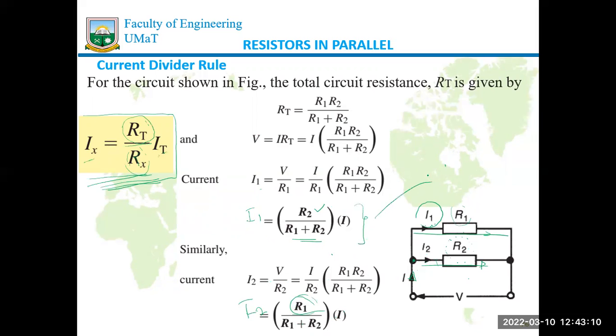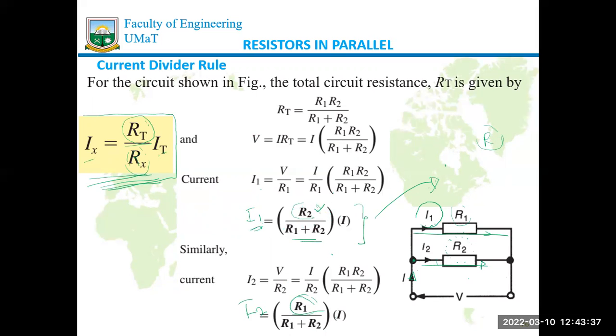In the case of a voltage, the numerator was the resistor that we are looking at the voltage across. But in the case of a current, the numerator is the total resistance of the other branches that we are not looking for the current flowing through.